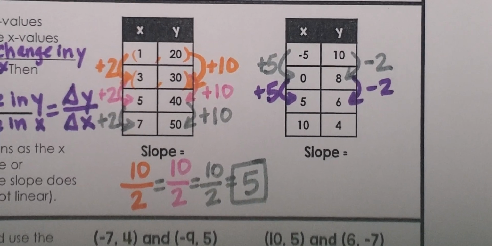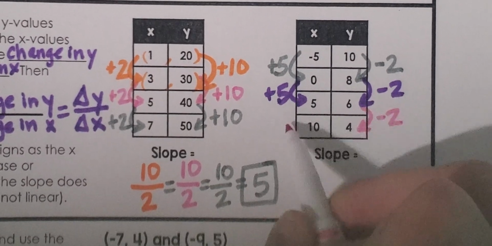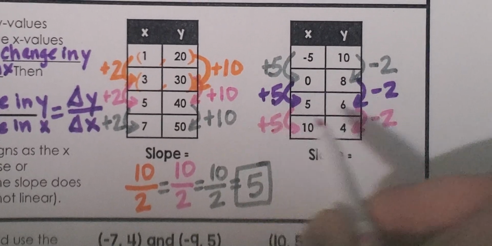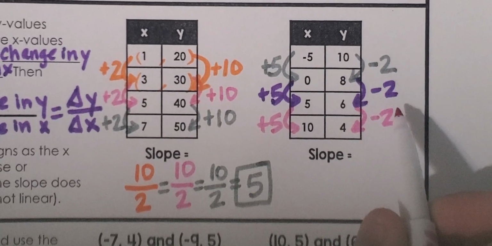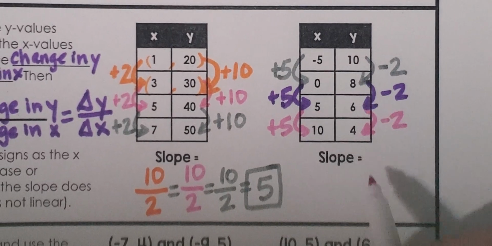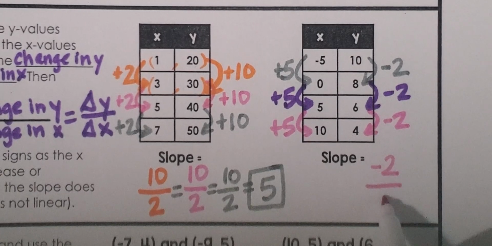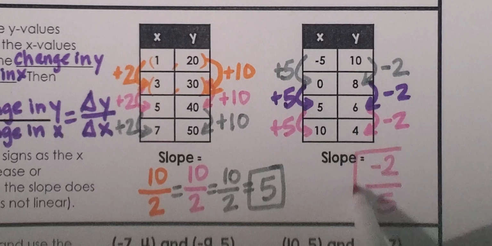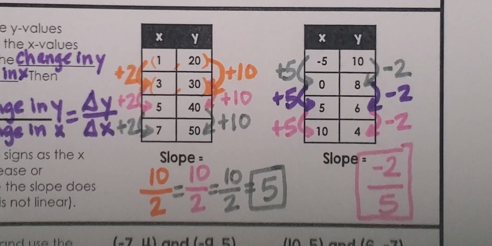And then my last point will be subtracting 2 again and then adding 5. Since all of my y changes and all of my x changes are the same, I can just write my slope as the fraction -2 over 5, and that's as simplified as it gets. I'm going to do a couple more examples.